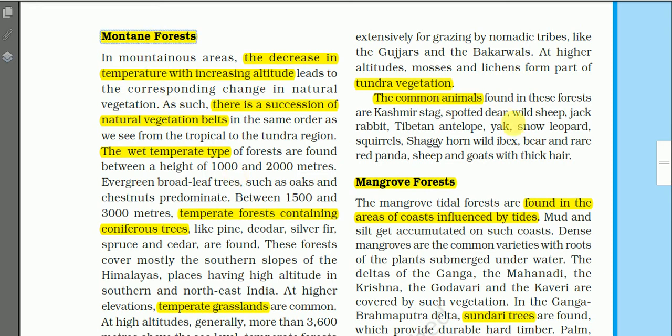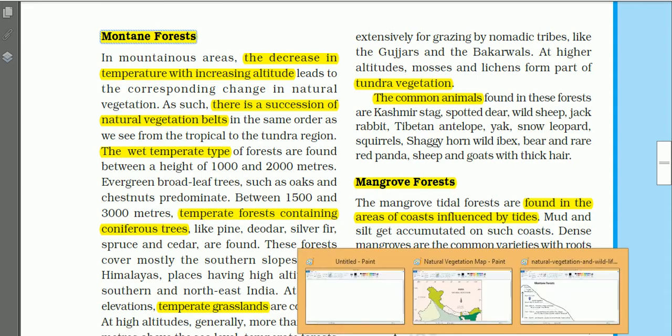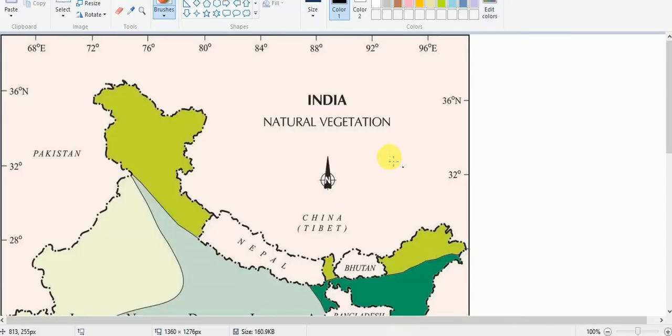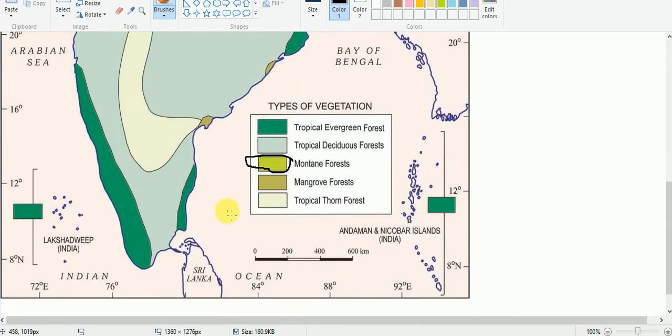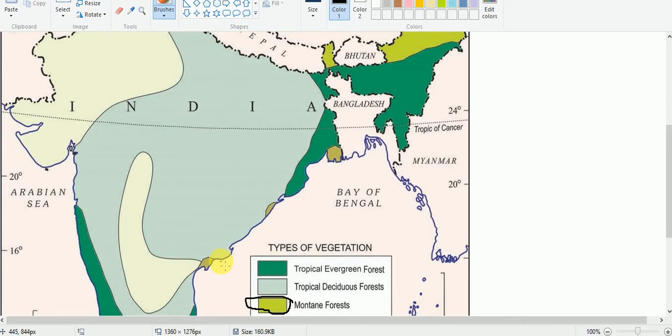Montane forest. Montane forest here means mountain forest. And about the areas of mountain forest or montane forest, we have the map here. See the color code first. This color shows montane forest.